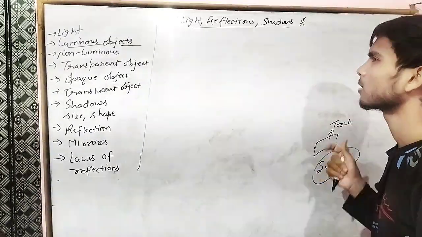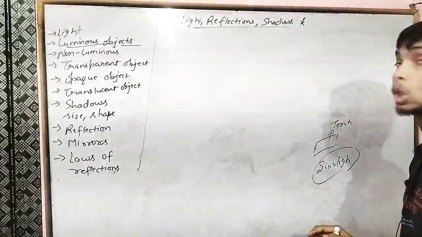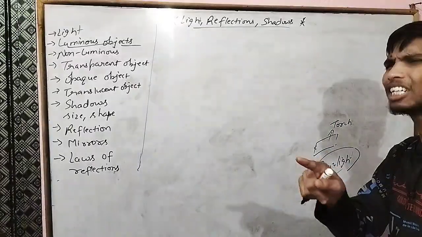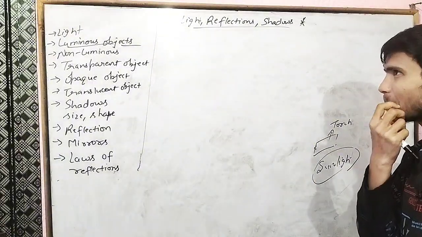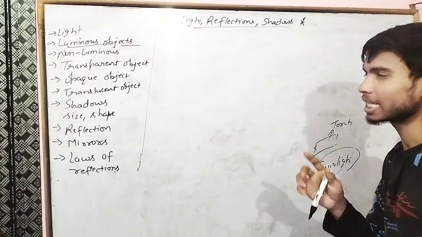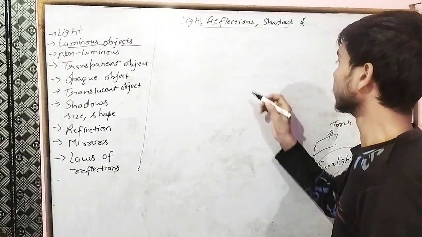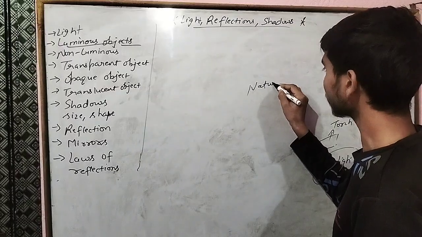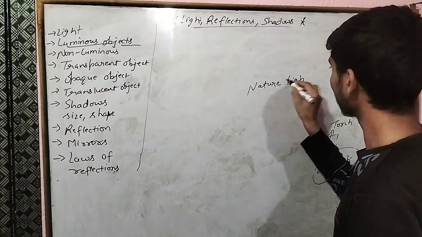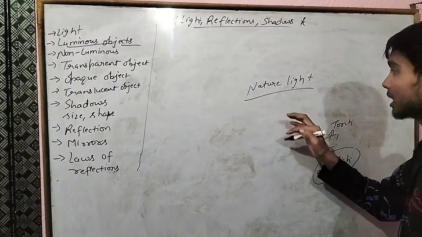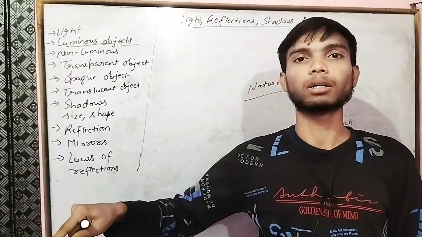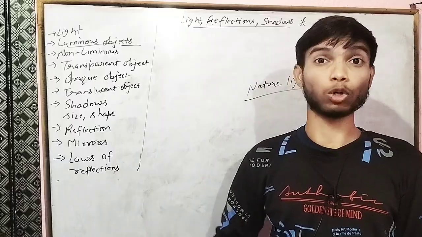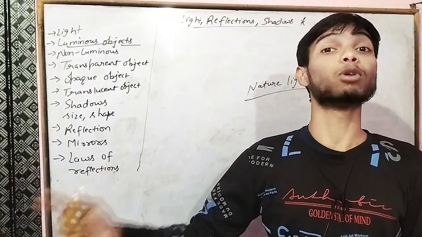What about natural light and artificial light? Do you know a little bit of information about natural light and artificial light? Can you explain it? Natural light means it is not made by humans.